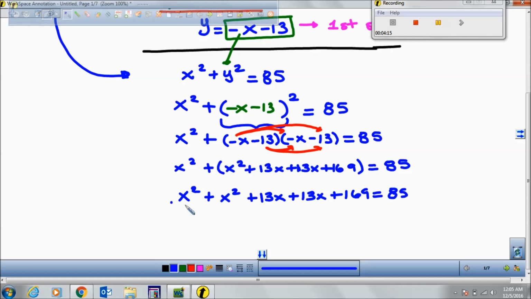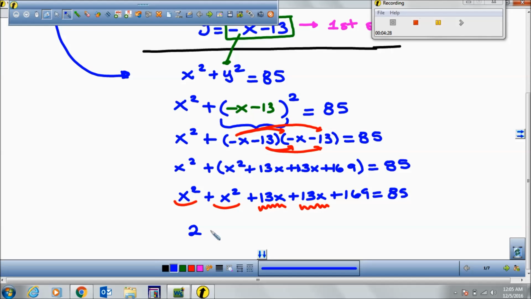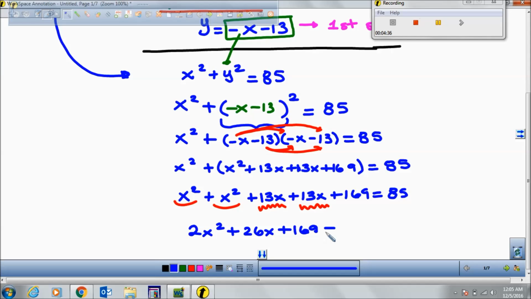So x squared can be combined with x squared, and 13x can be combined with 13x. So 1x squared plus 1x squared is 2x squared. 13x plus 13x is 26x, plus 169 equals 85.